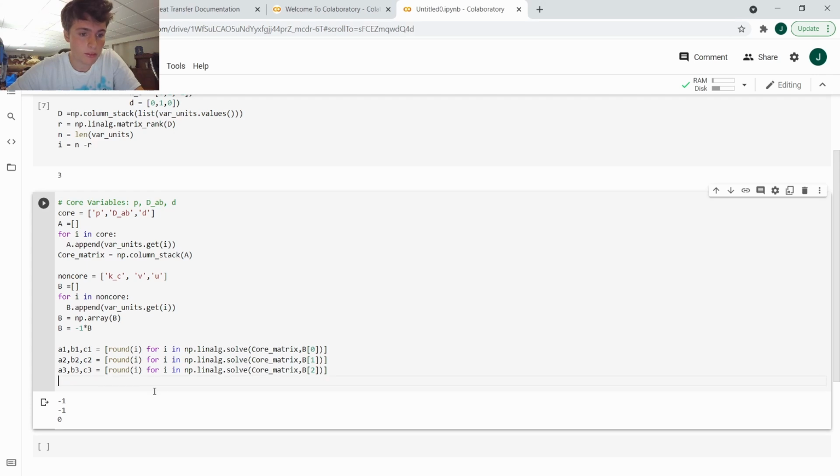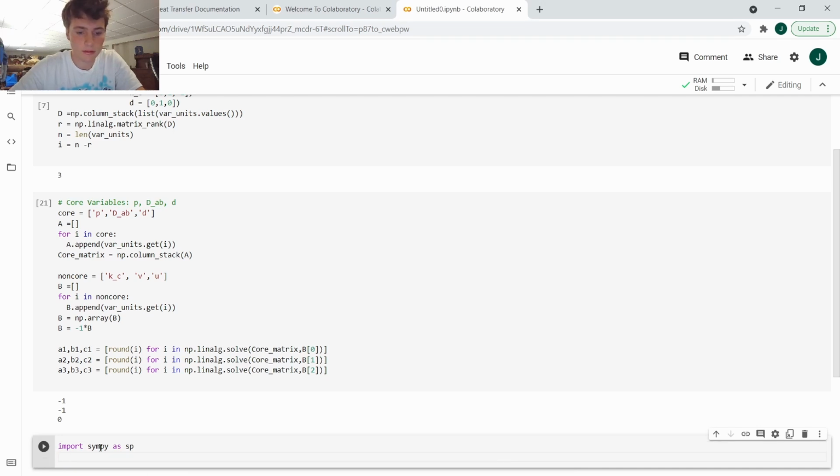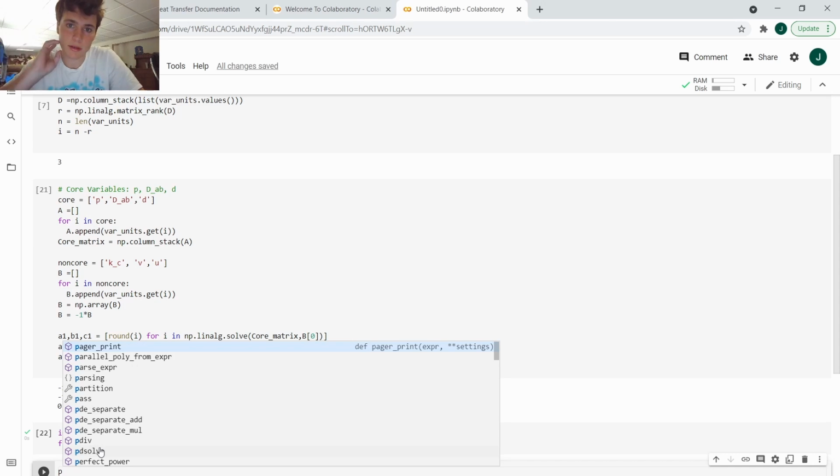So now that I have all this stored, instead of going back to paper, I'll just use SymPy to display our dimensionless variables. import sympy as sp. From sympy import, that just allows us to access all the modules. So we have to make our variables symbols so that Python knows not to freak out since they're not defined variables.